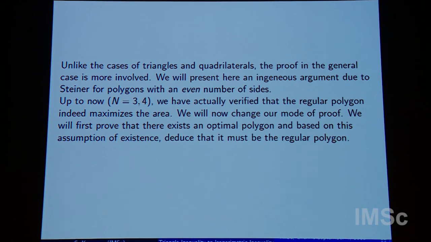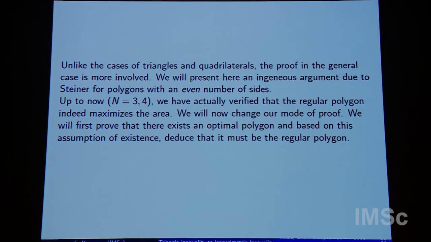So you have to show first of all there exists an optimum and then identify it. The identification problem is usually easier because you have some technique to do it, like finding the zeros of the first derivative. So here also we have to show first of all that there is an optimal polygon at all, and secondly we have to identify it.